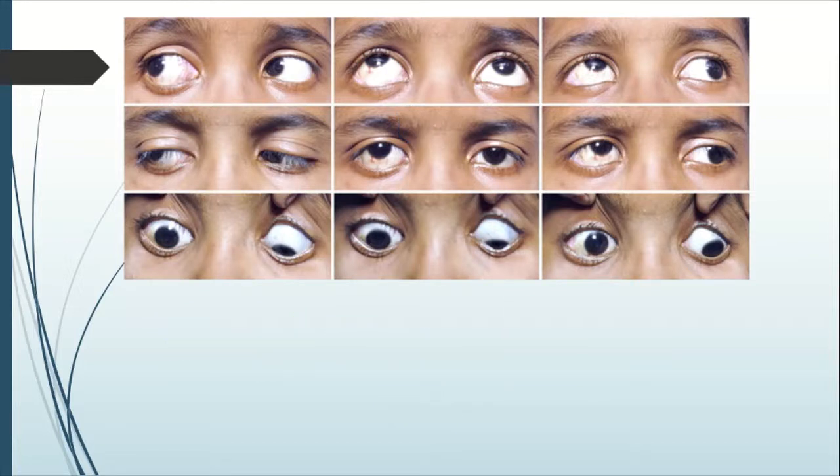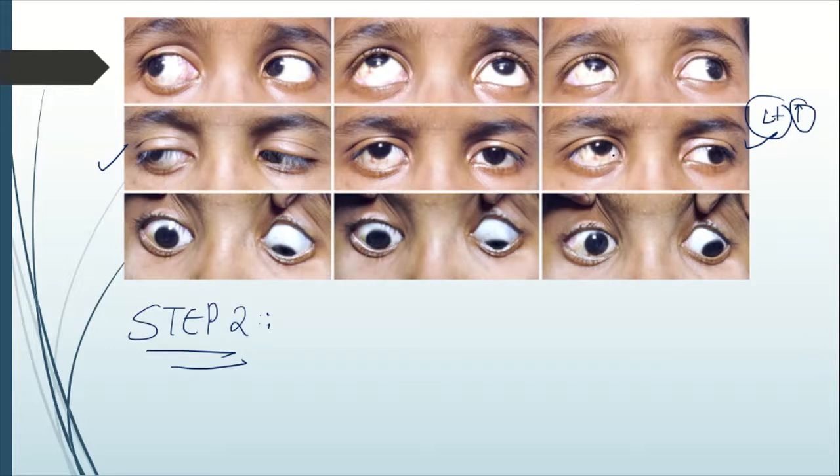So let's go to step 2 now. Step 2 is which horizontal gaze is increasing the hypertropia. For horizontal gaze, you have to look at these 2 horizontal images. You will appreciate that the left horizontal gaze is increasing the hypertropia.